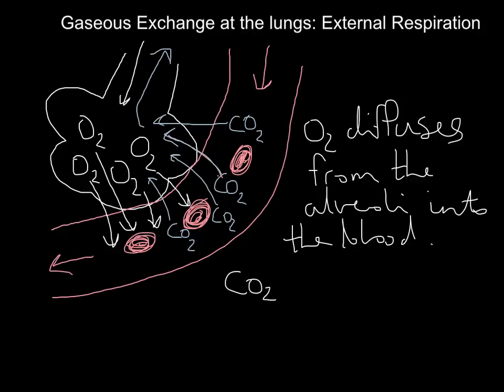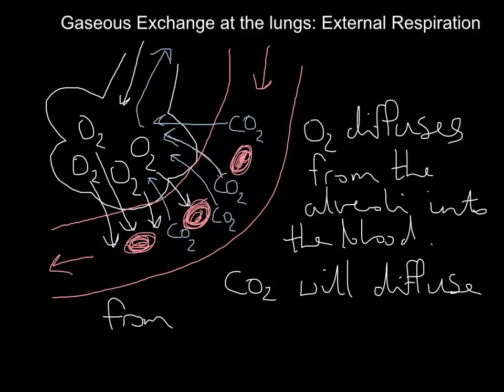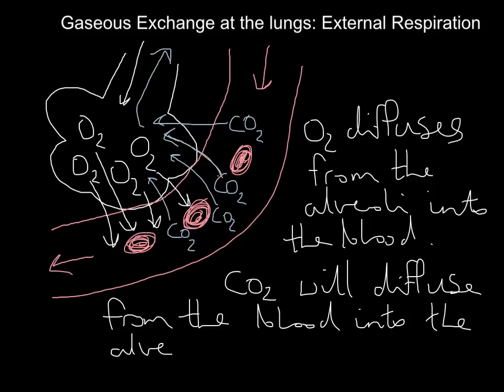In the meantime, CO2 will diffuse the total of the way, diffuse from the blood into the alveoli. Okay? And that is what we call gaseous exchange at the lungs, aka external respiration.